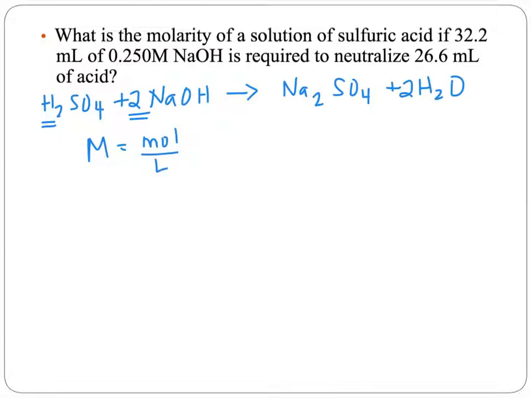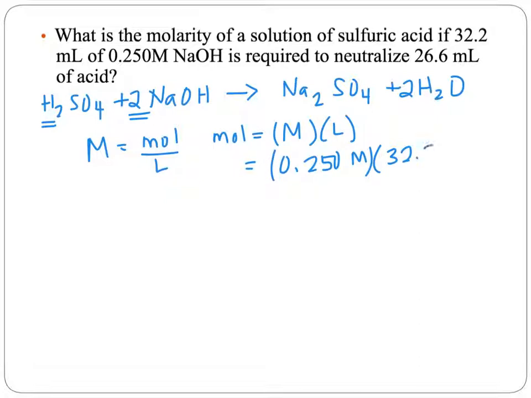So in this case, we're trying to figure out the moles, and so moles are going to be equal to the molarity times the liters. The molarity then of our sodium hydroxide given in the problem is 0.250, and then the liters were 32.2. Oh, sorry, that's milliliters. We have to turn it into liters. I need to remember this myself.